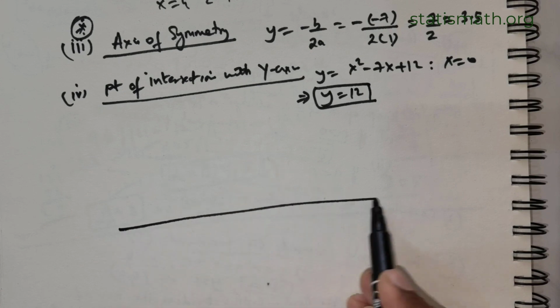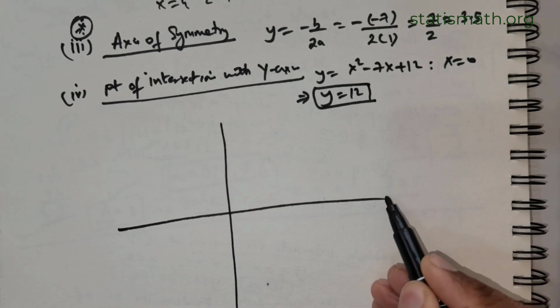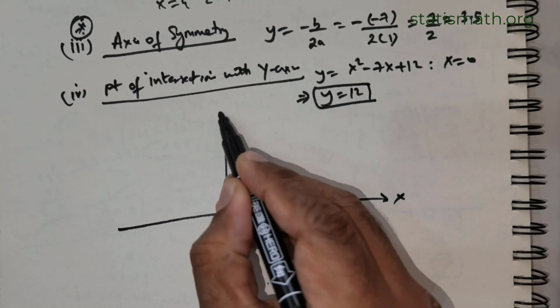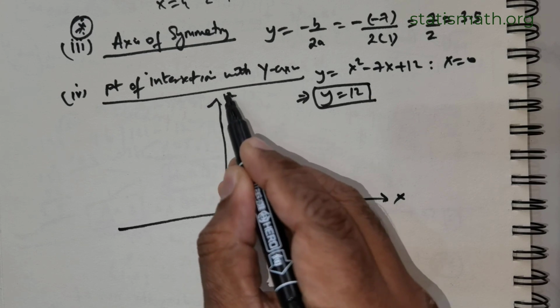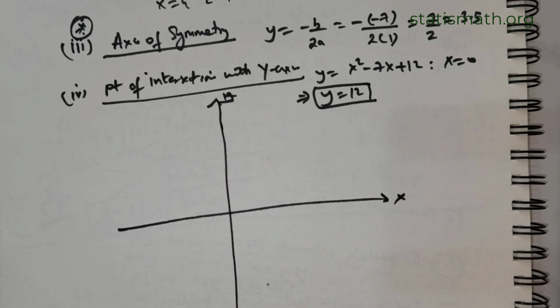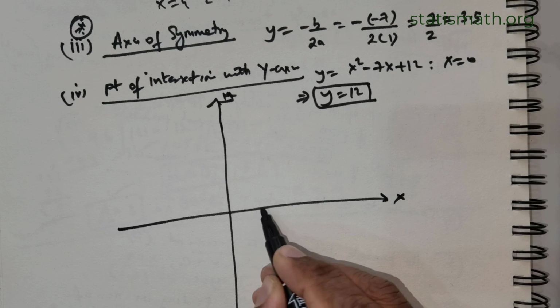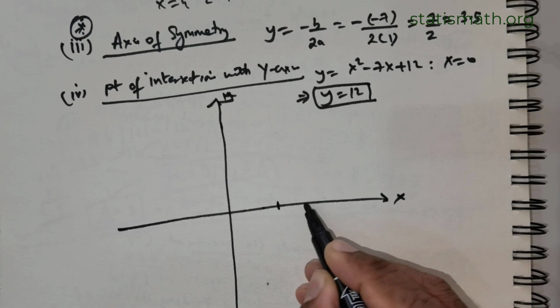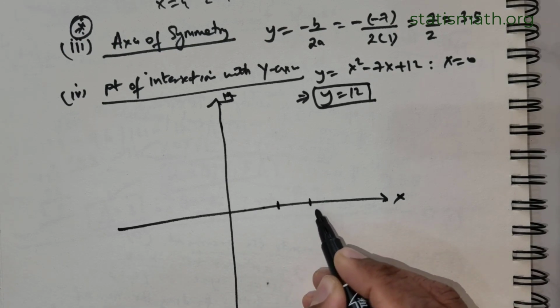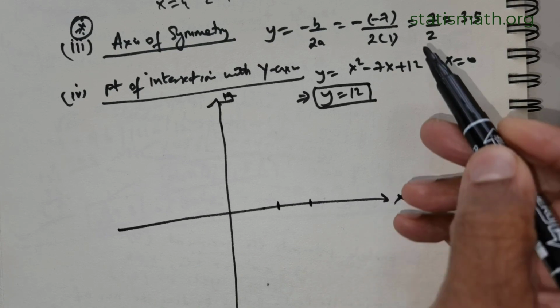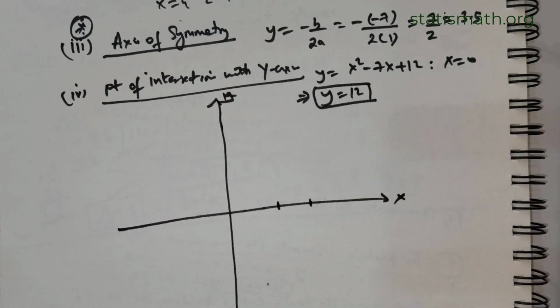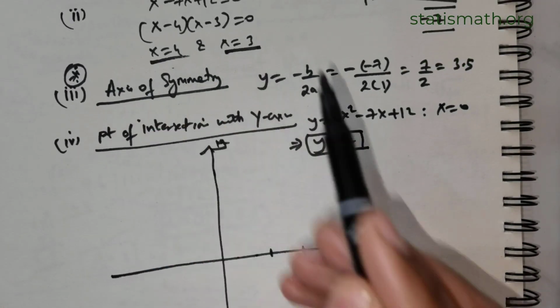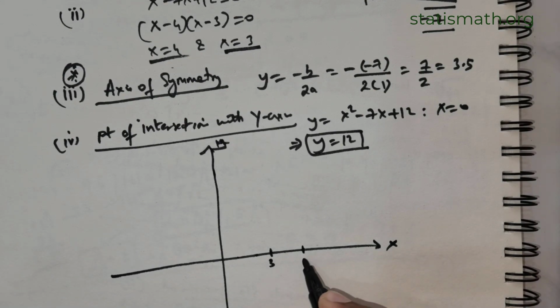So let me just draw the x-axis and the y-axis. This is the y-axis, and the 2 points, if this is going to be 1, 2, 3 and 4, the values are, let me show you, 3 and 4. So this point is 3, this point is 4.